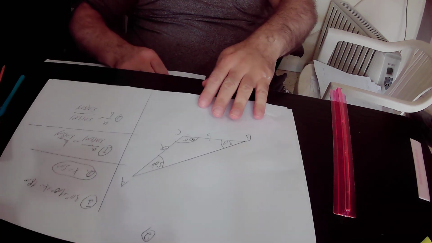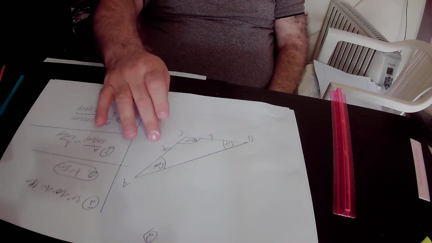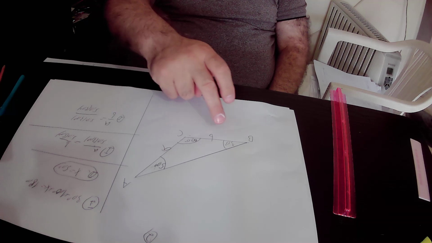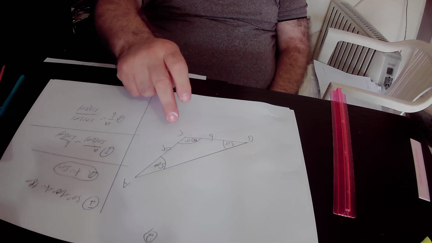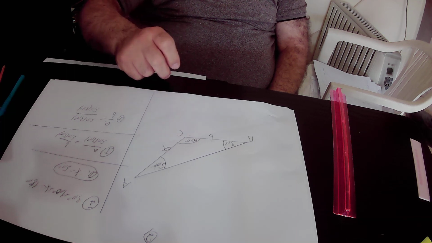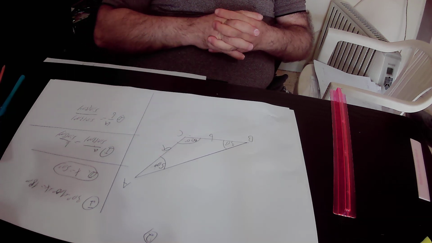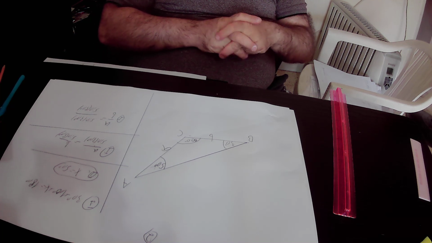This is triangle ABC. We know that side AC equals to A units, side BC equals to B units, angle ABC equals to 30 degrees, angle ACD equals to 100 degrees. This is the missing angle. We know that the sum of the angles in any triangle is equal to 180 degrees.